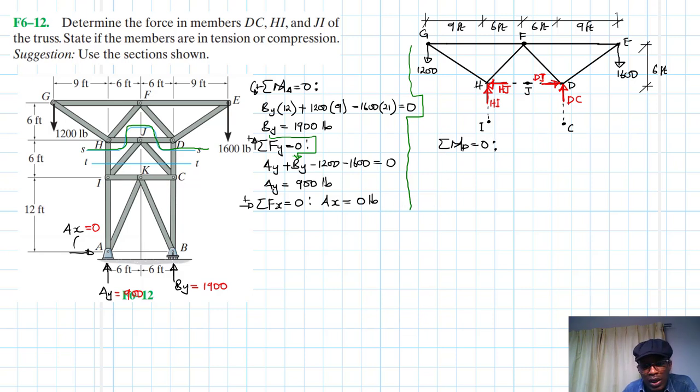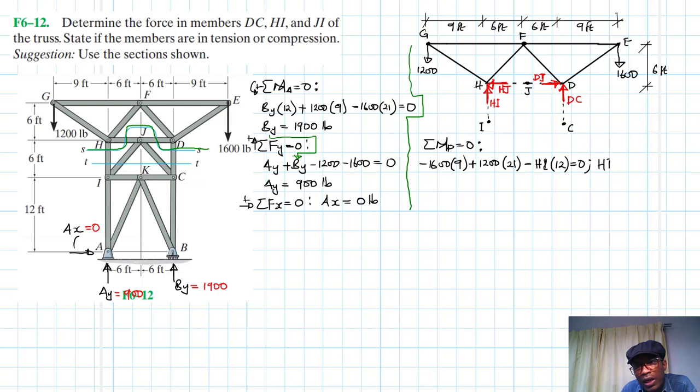So we have about D, a clockwise 1600 by 9, okay, and then we have a plus 1200 by 21, okay, and then we have another negative due to HI by 12 equal to 0.